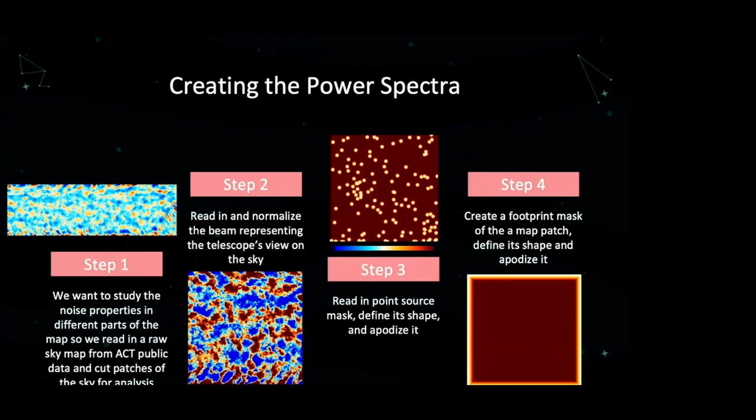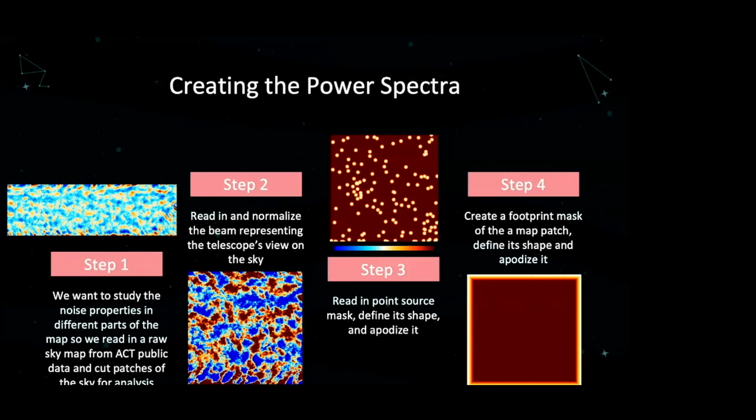In step 2, we read in this map patch. We have a beam in the sky that we use, and we normalize that. The beam represents basically the telescope's viewing window. A larger telescope equates to a smaller beam, which is then more accurate in looking at smaller features.